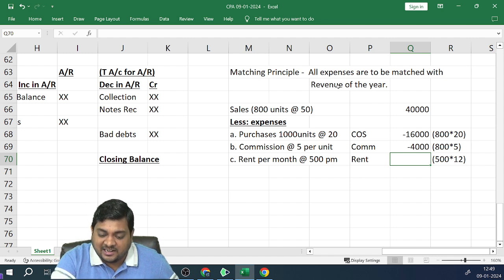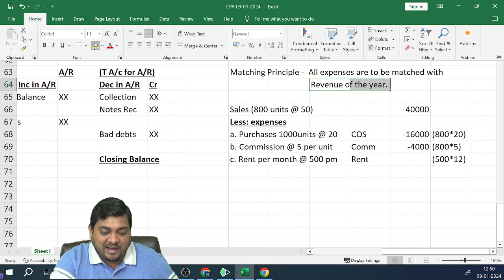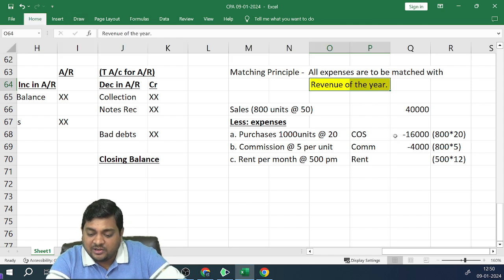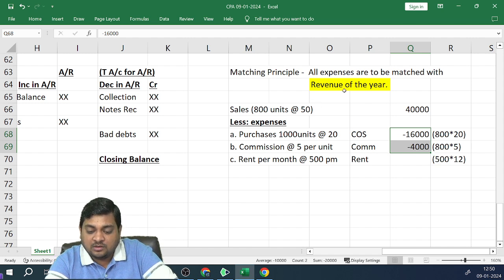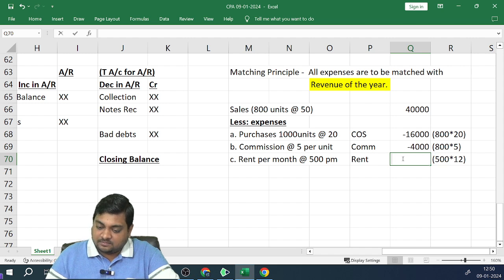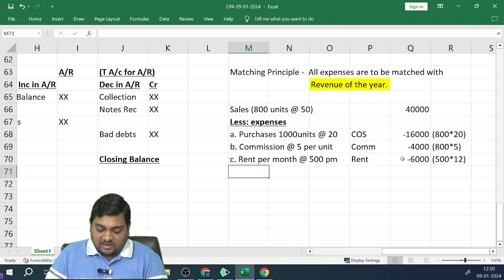Because it is clearly written revenue of the year. If matching is with volume, then we do it with volume, like purchase matching is directly with volume. Commission matching is directly with volume. But if it does not match with volume, then it has to be for the year. So rent I am going to take 6,000, right?